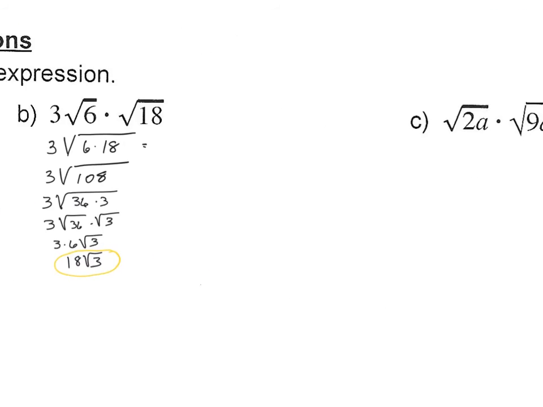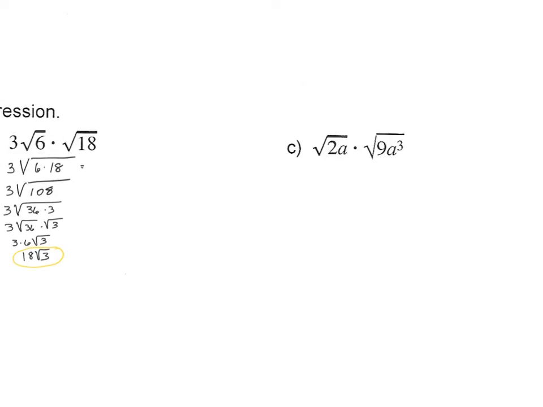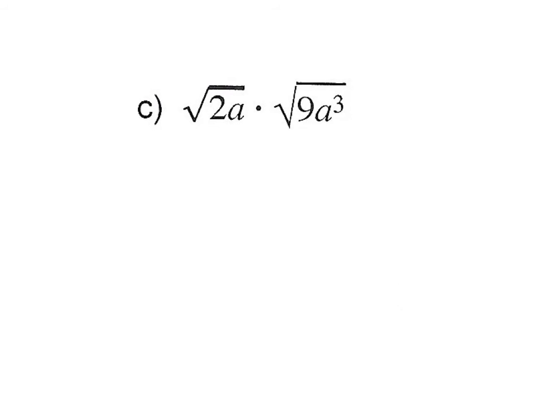And let's see here, going on to our next example. If I want to, I can see a perfect square as I look. I have the square root of 2a times the square root of 9a cubed. Well, I know that this is going to be a perfect square, so I could go ahead and do that as I'm simplifying.